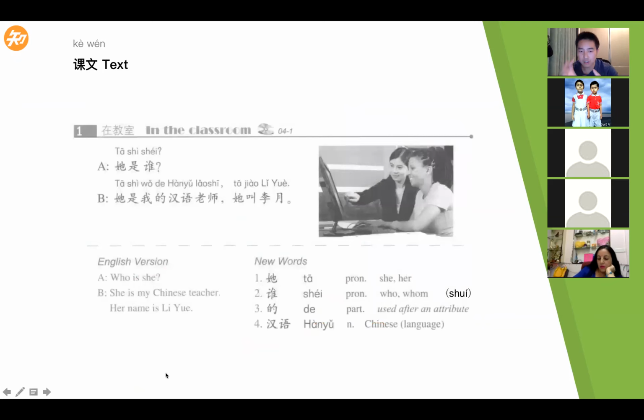Now, what's the meaning of these words and how to use them in our text, in our conversations. Okay, the first conversation, let's try to read it first before I explain it. Let's try this one, Arvinda. 他是谁？ Yes.